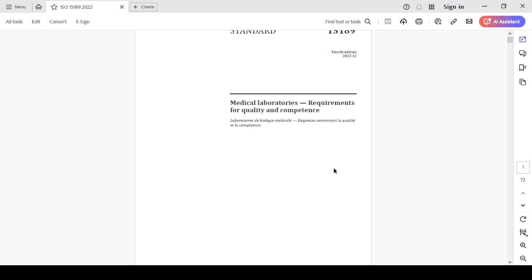The first one was in 2003. In 2012, they released the 3rd one, and then finally in 2022, which was 2 years ago, they released this version. So that means that they have gone through 4 documents that have been printed for public access.